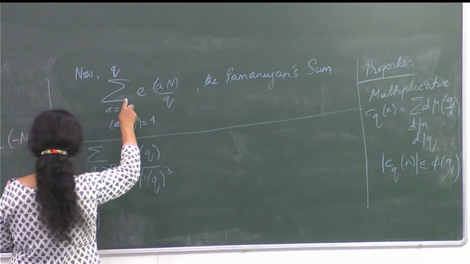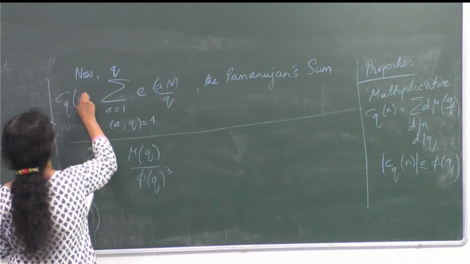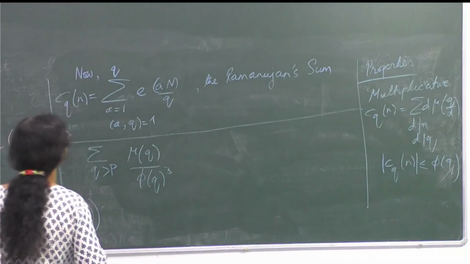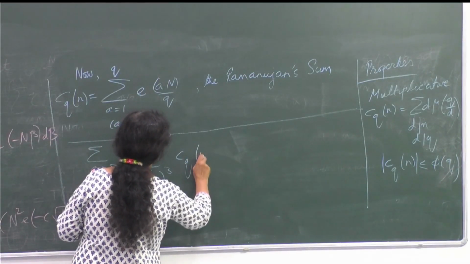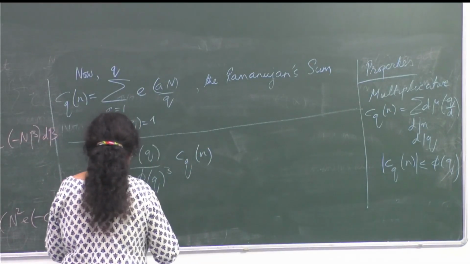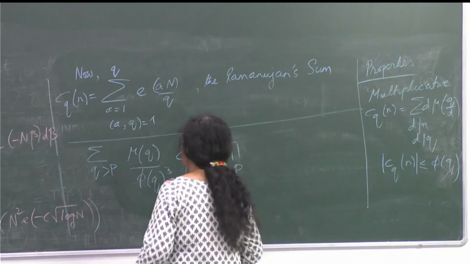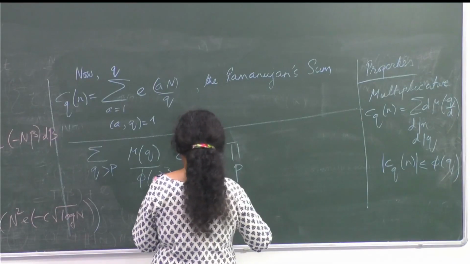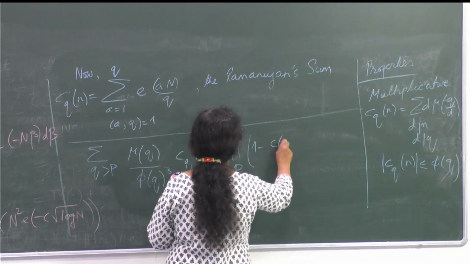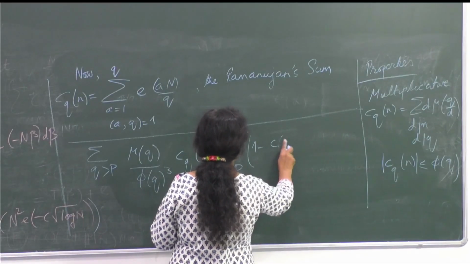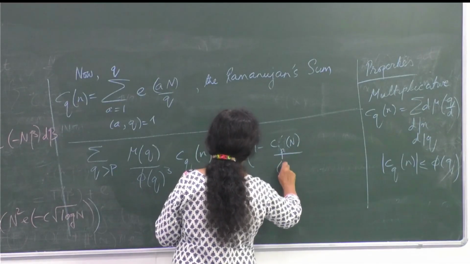This one, let's give it a name, C_q of N. Write out the definition: product over little p of 1 minus p of n, p minus 1 cubed.